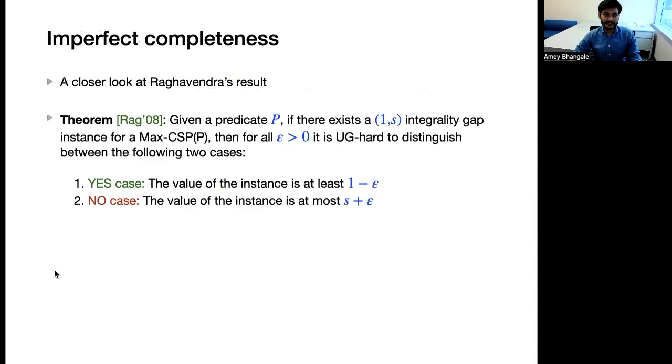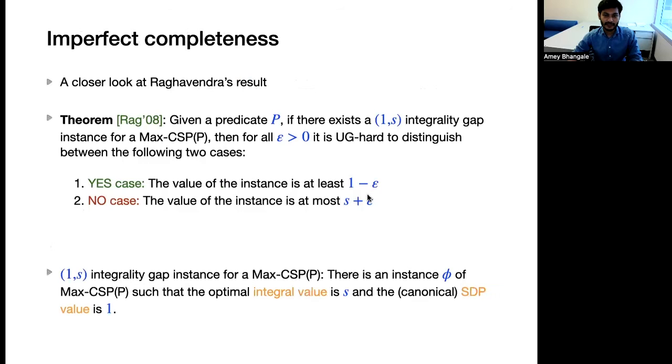Now, coming back to Raghavendra's result, for satisfiable or nearly satisfiable CSPs, let's first understand why we lose this epsilon in the completeness case. So here I'm formally defining the integrality gap instance. If there is an instance of this CSP with predicate P, where the SDP value for that instance is C and the optimal integral value is S, then it is called a C-S gap instance for that predicate or for that CSP.